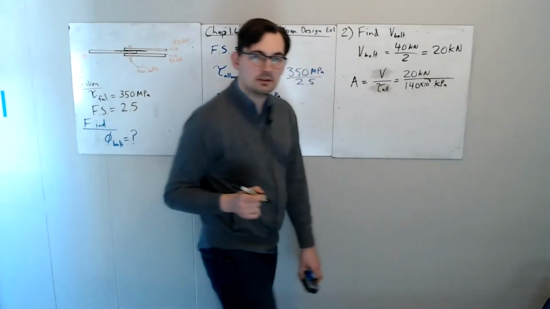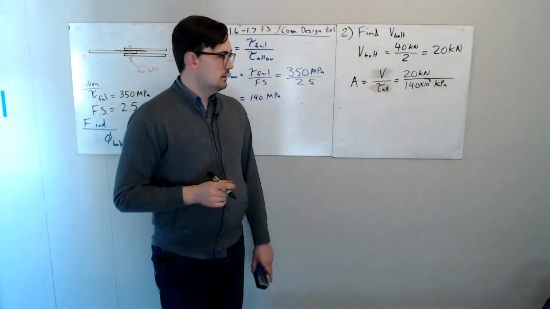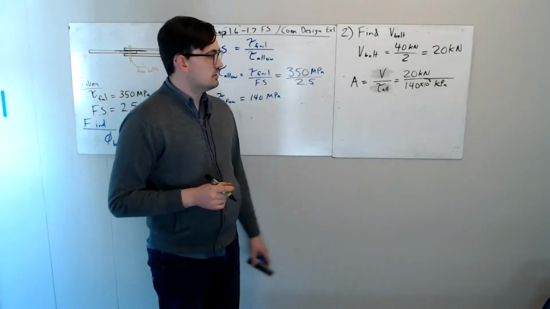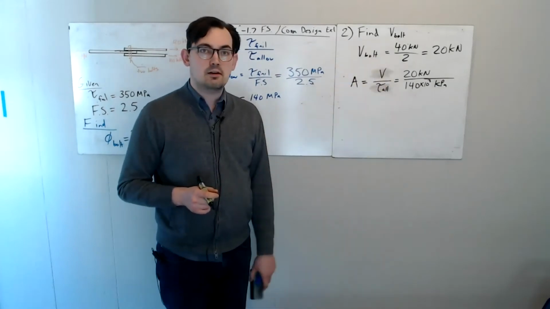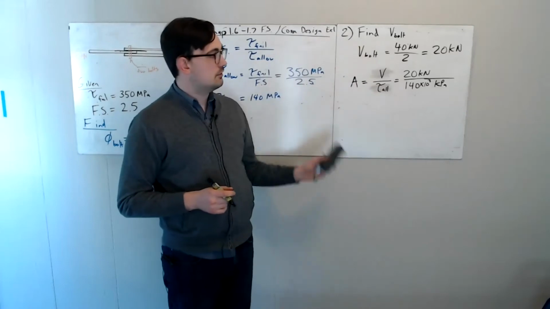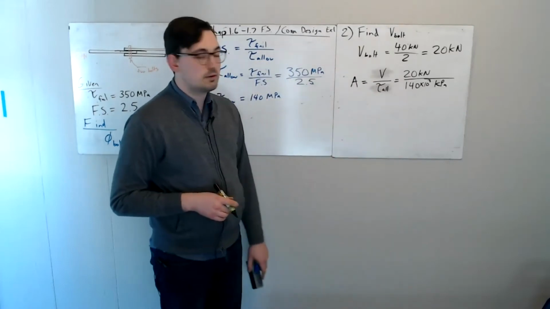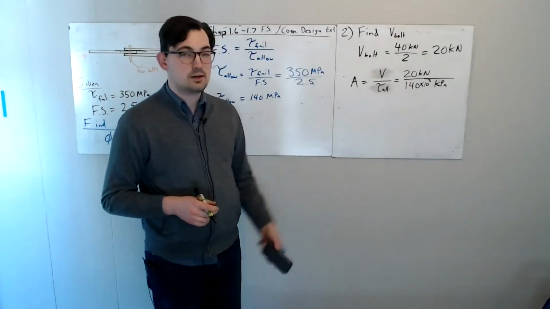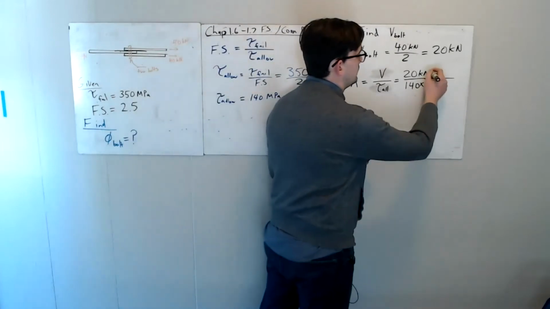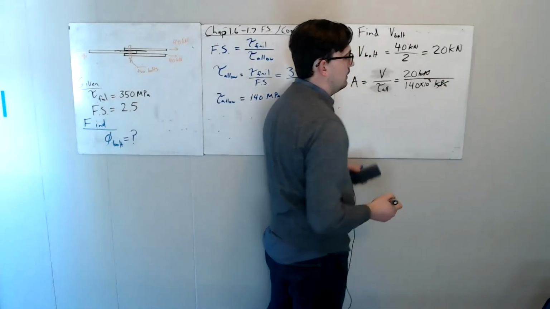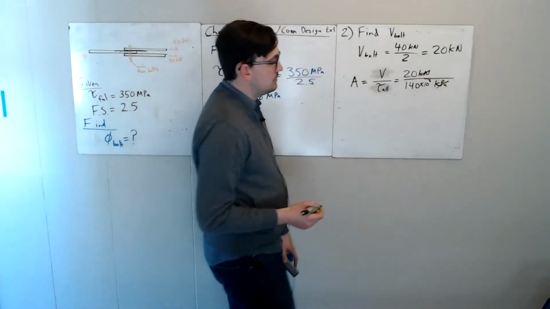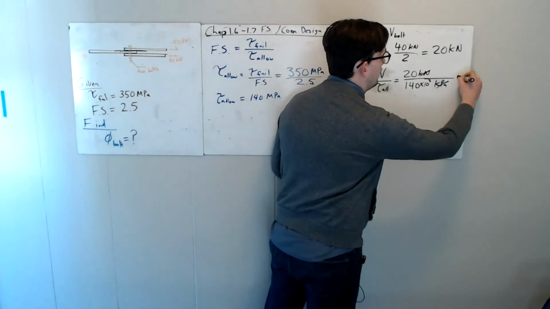At this point, you're probably looking at me and going, why bother with that? Why not just write them in terms of 10 to the third divided by 10 to the sixth pascals? You could do that. There's nothing wrong with that, but I like doing it this way because the kilonewtons and the kilopascals are going to cancel out, and I'm just going to be left with meters squared.